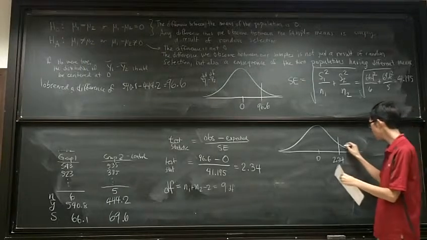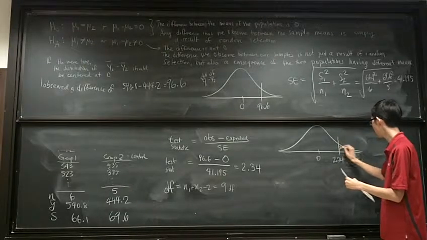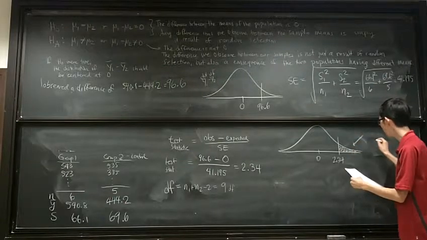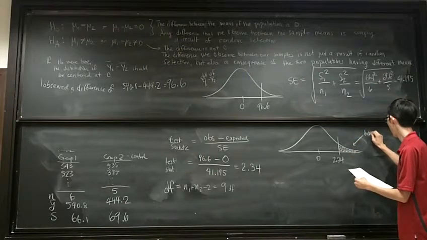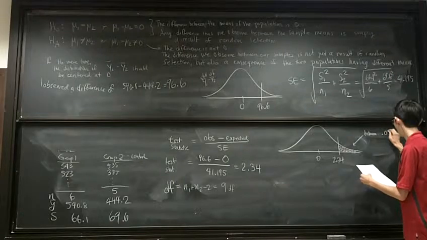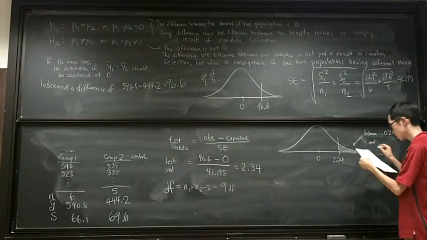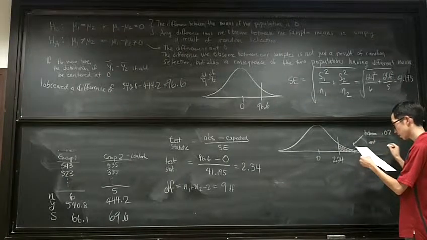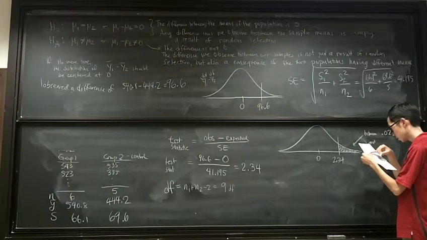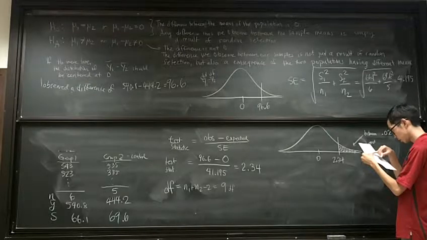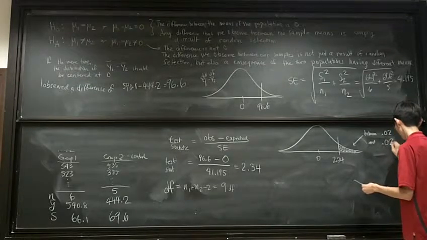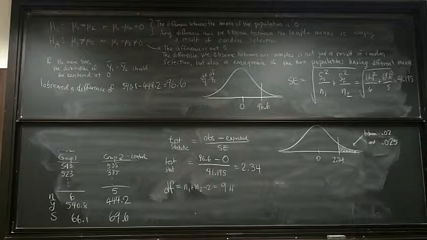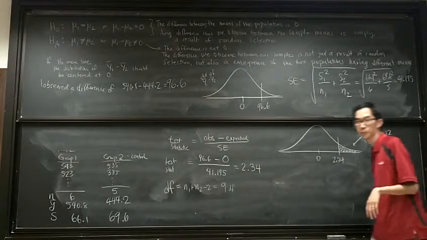I don't know exactly how much, but I do know that the amount in my tail is going to be between 0.02 and 0.025. My eyes are playing tricks on me. Yes, 0.025. So we don't know exactly how much, but we do know that the amount in my tail is between 2 and 2.5%.